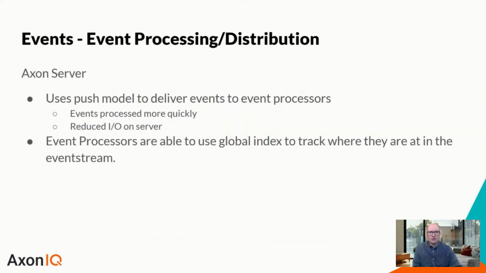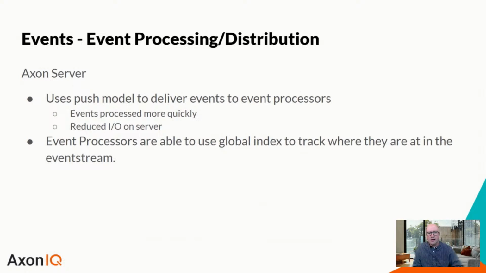So let's move on to what it means to handle events, do the event processing and distribution of them, when we compare the two. Axon Server uses the push model we spoke about earlier to deliver events to the event processors. This allows our events to be processed more quickly, with reduced I/O on the server because it just has to write it to disk and then push it out to all the consumers connected to that context.